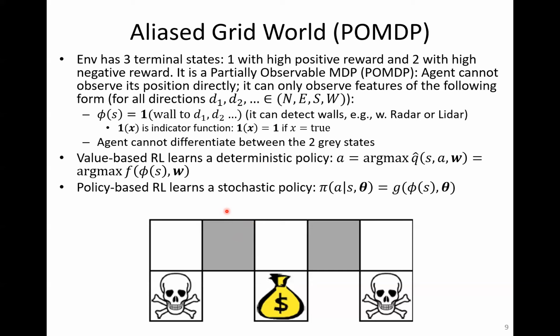So the policy is fully deterministic by taking an argmax of the Q value function, which is a function approximation. It could be a neural network, could be a linear function, I don't care. The policy-based RL learns a stochastic policy, which is a mapping from the state, first with perhaps a linear function or neural network, then a softmax operator, and then it maps to the probability of taking each action.